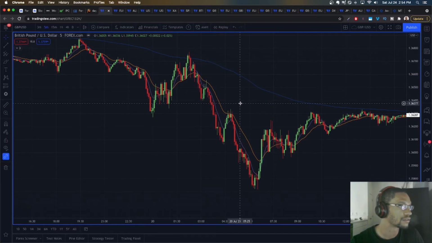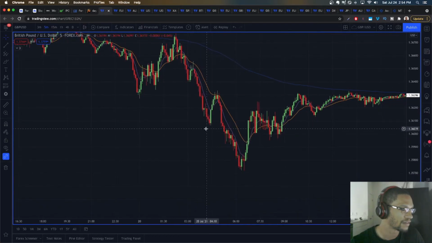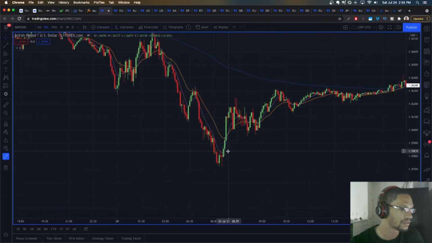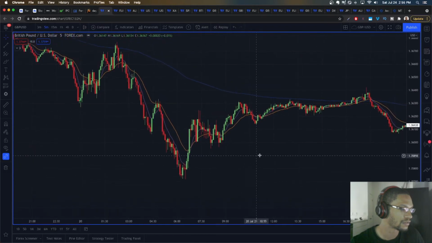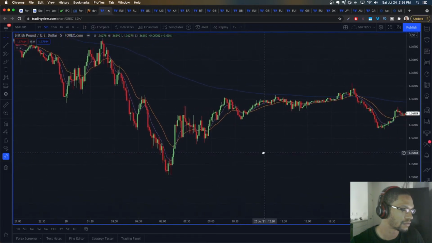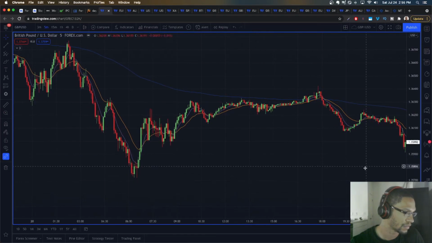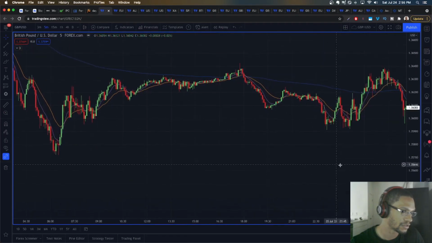Oh, I forgot to count. That's what, four or five already. Another trend continuation here. Got an engulfing bottom here. Alright, so that was Tuesday.